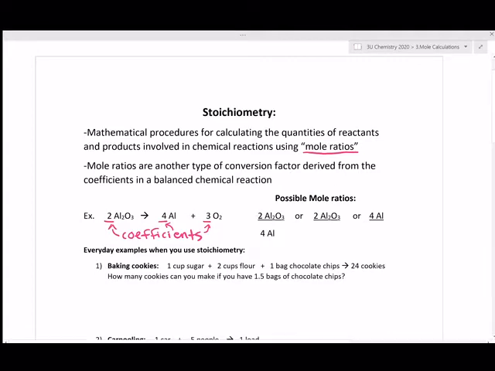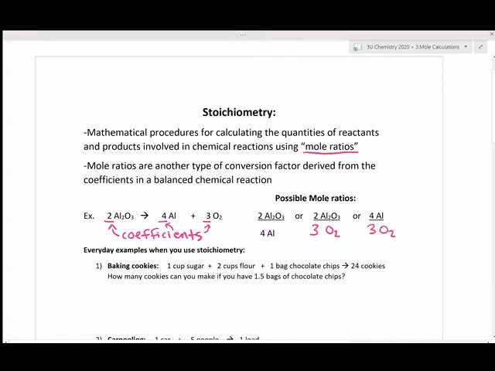So here's one. 2 aluminum oxide would yield 4 aluminums. Or we could say 2 aluminum oxides would yield 3 oxygens, is another possibility. Or we could say 4 aluminums could correspond to 3 oxygens.